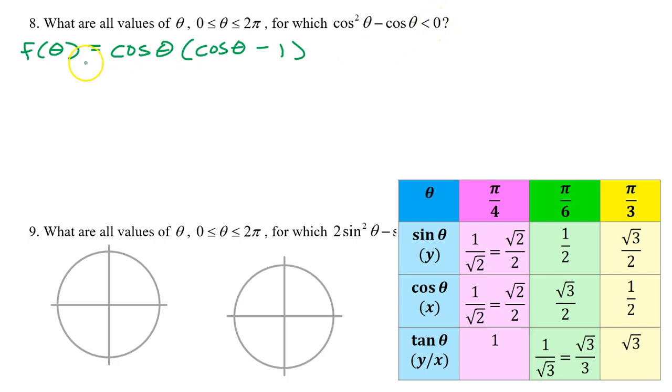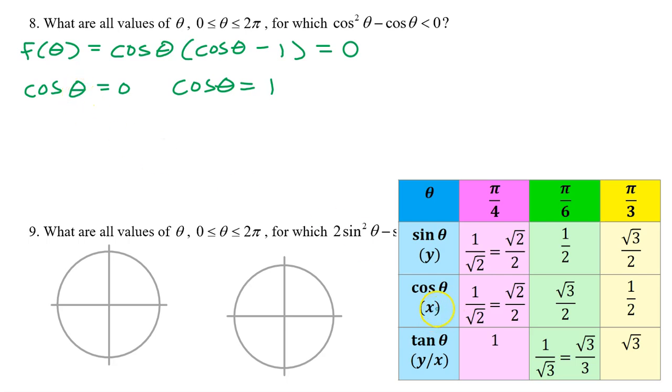Eventually, we want to know where f of theta is less than 0, but first we find where f of theta is equal to 0. We can find that by setting each factor equal to 0. So we have cosine theta is equal to 0, and adding 1 to both sides, we have cosine theta is equal to 1.